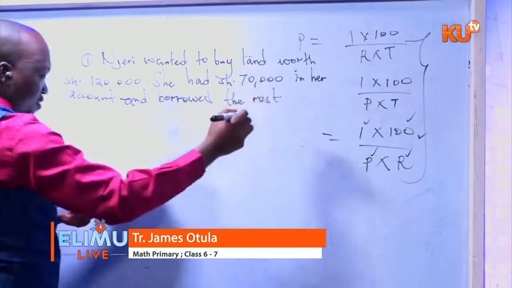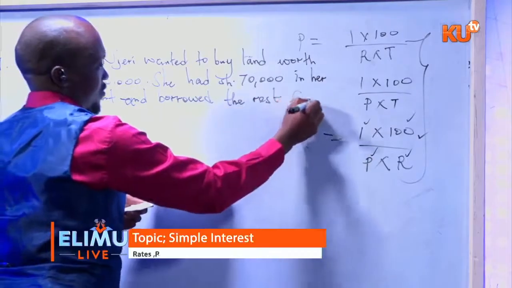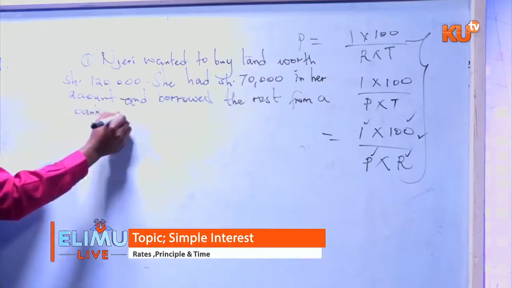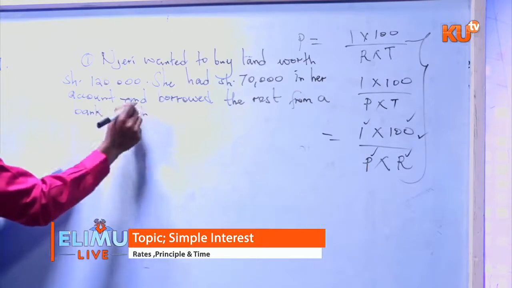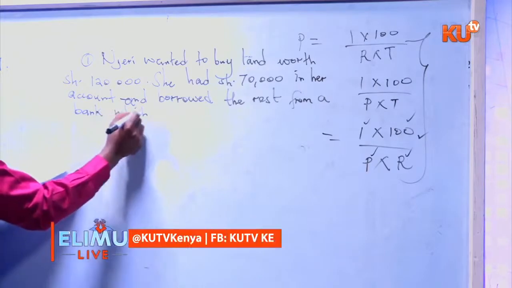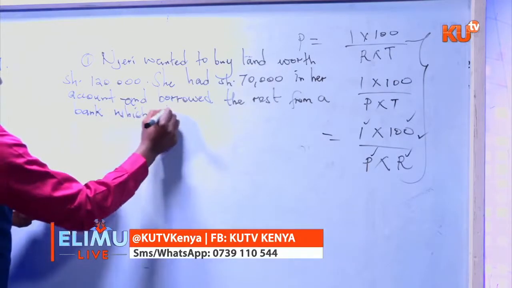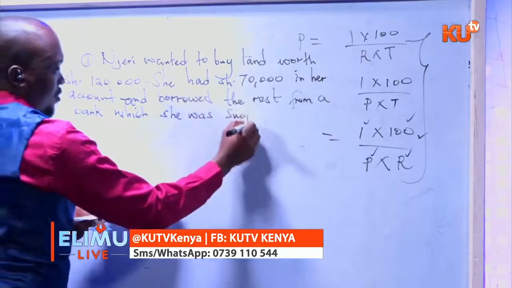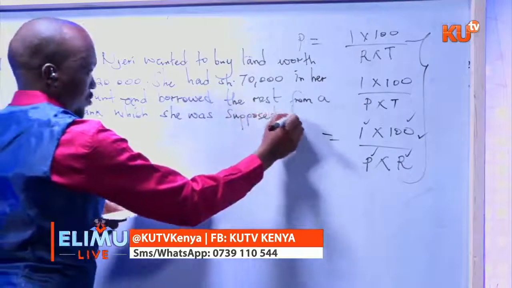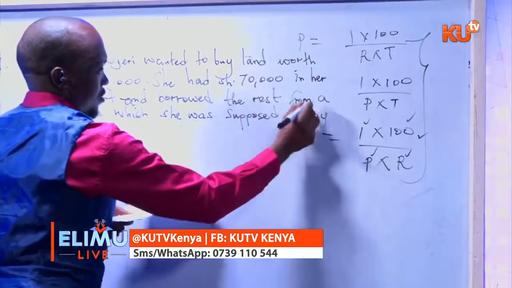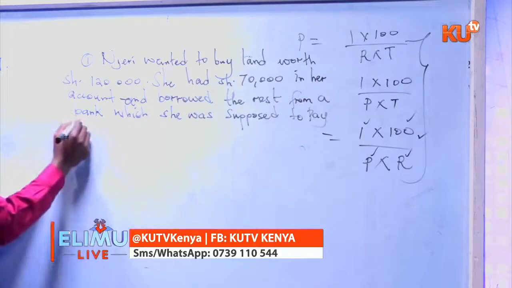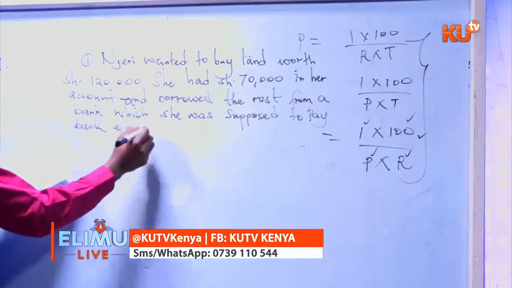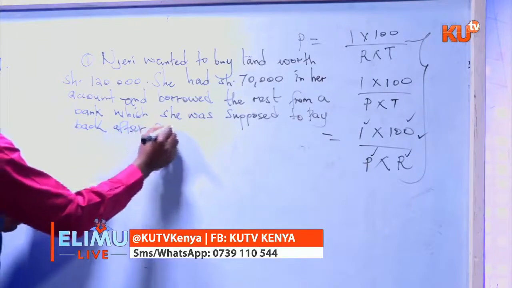She borrowed the rest of the money from a bank, which she was supposed to pay back. She was supposed to pay back this money after 3 years.